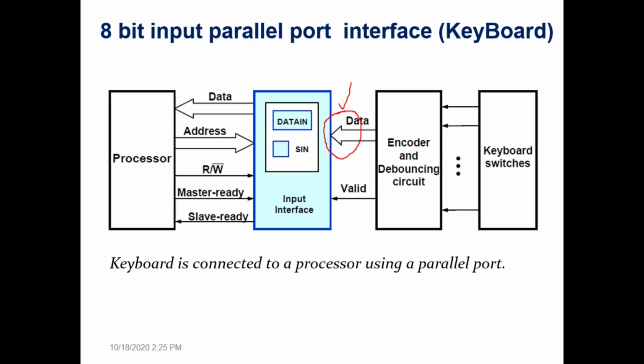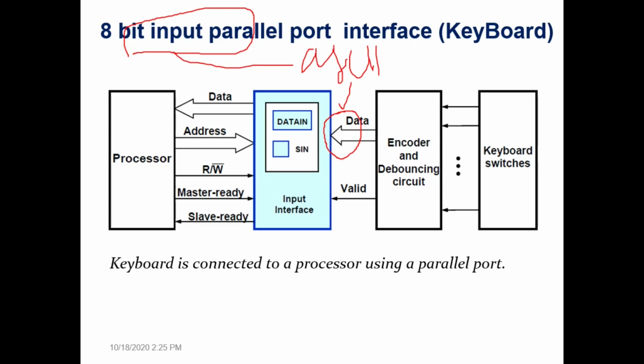The input is received as parallel data, meaning multiple bits of data are sent at a time to the interface circuit, not bit by bit. Also it is an 8-bit input port. That means all 8 bits are sent at a time to the interface circuit, and these 8 bits represent the ASCII of the character pressed by the user.